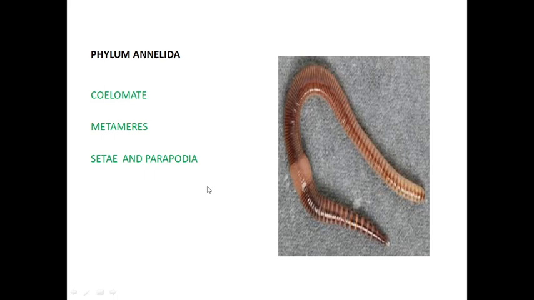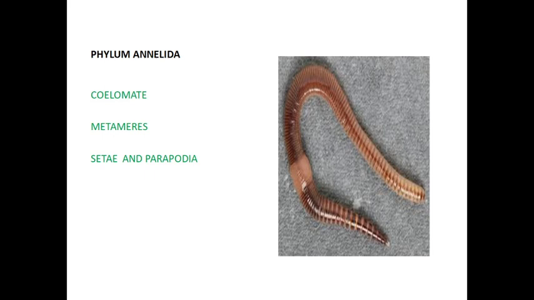Setae and parapodia are locomotor organs which help the animals move from one place to another. The sexes may be separate or hermaphrodite. Hermaphrodite means both male and female reproductive organs occur in the same organism, as in earthworm; otherwise, separate male and female organisms are present.